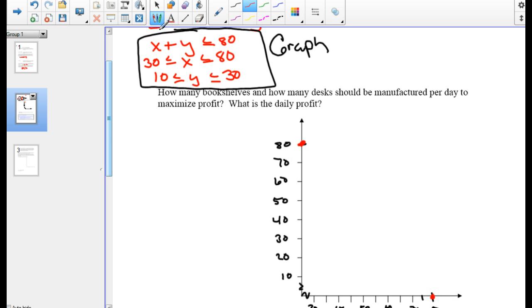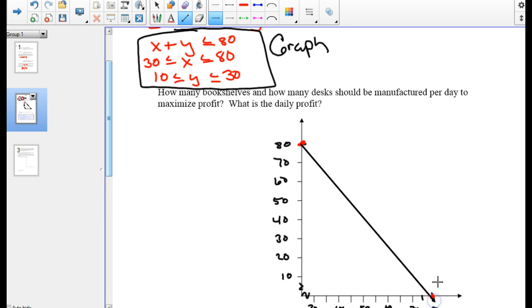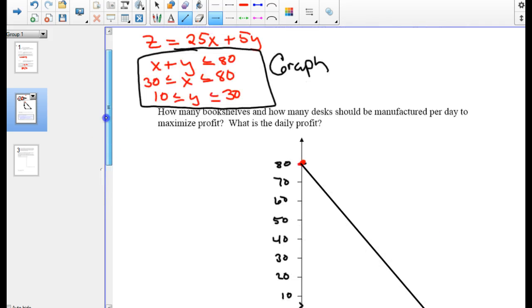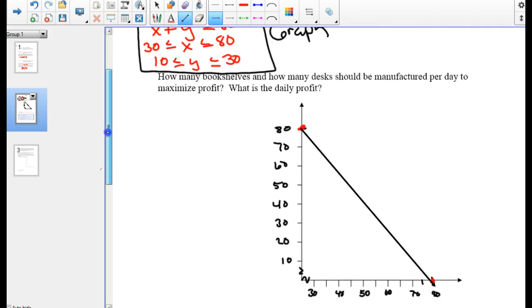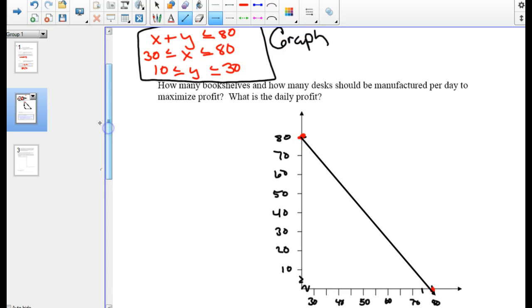Is that going to be a solid line or a dotted line? Solid. So I'm going to connect my lines here, like that. Okay, so we've graphed our first line, but we need to put in our constraint, our shading, okay?